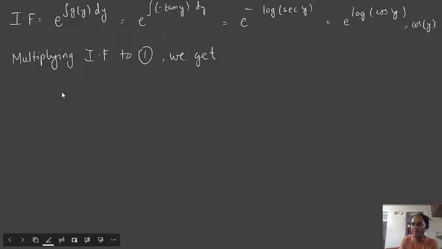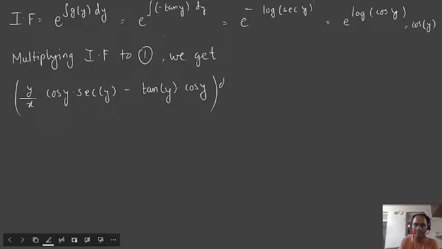When you multiply by cos y, what will you get? (y/x) cos y sec y minus tan y into cos y, this is what we get with dx.